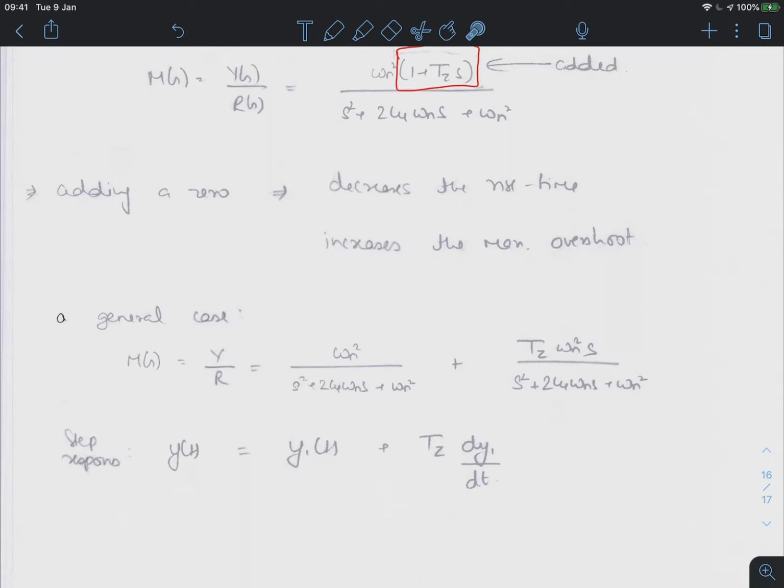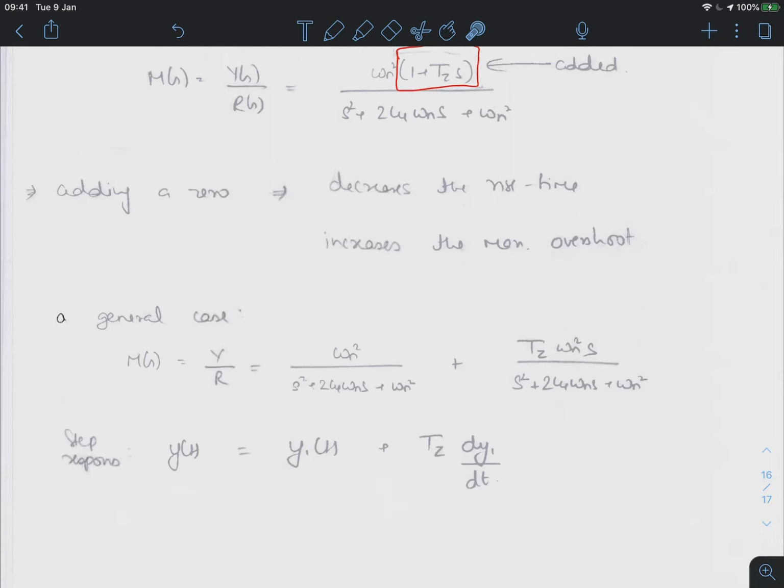Now in the time domain, this is y1, the pure response of the second order system, and I can express the other term, using the property of the Laplace transform, as tz times the derivative of y1, and this derivative appears because of this s term.